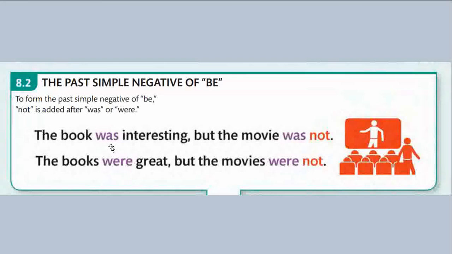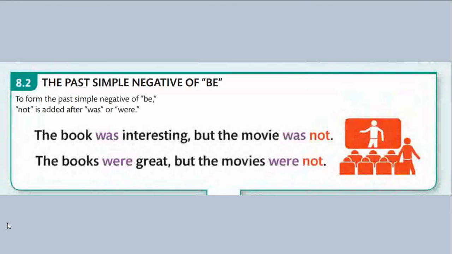The book was interesting, but the movie was not. Here, not has come soon after the auxiliary. The books were great, but the movies were not. So, soon after the auxiliary, the word not is brought in to form the negatives.